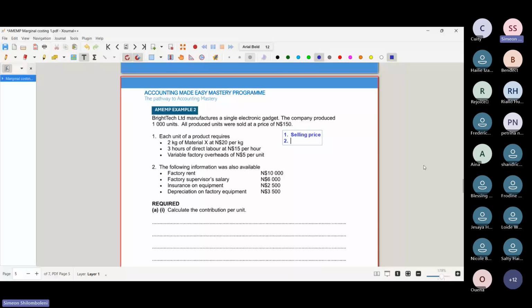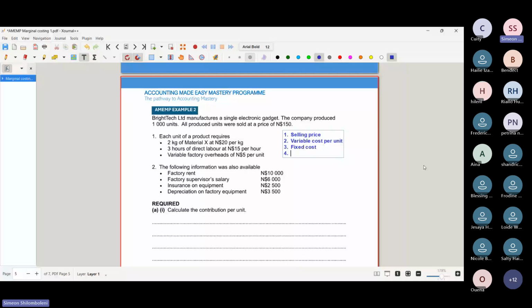Variable cost per unit. What is the third amount that you need to have? There are 4 amounts that you need to have here. What is the fourth amount? The third amount: you also need your fixed cost. What is the fourth amount, which is not necessarily compulsory? Total units produced or sold.